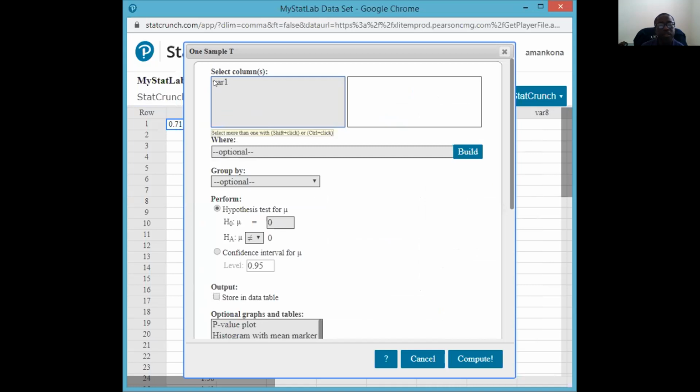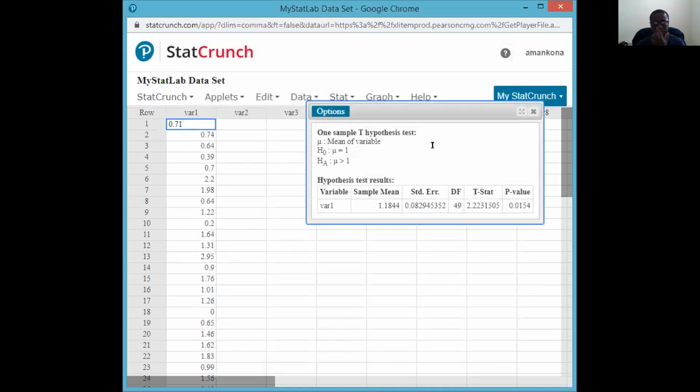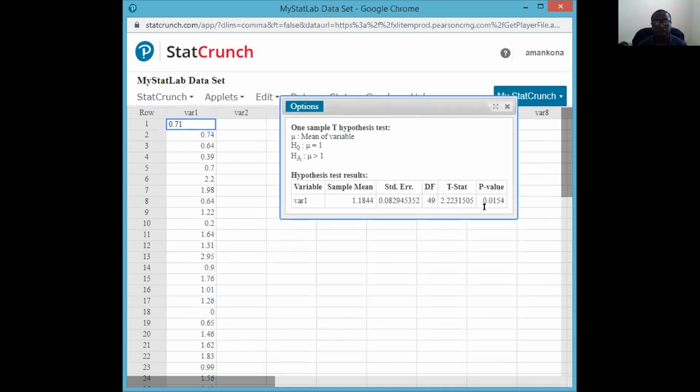So you select data, and then we are doing the hypothesis test where the null value is 1.00, and this is greater than, a right tail test. Okay, it's greater than 1, and just say compute. So select your variable, specify your testing value, your null hypothesis, and then compute.